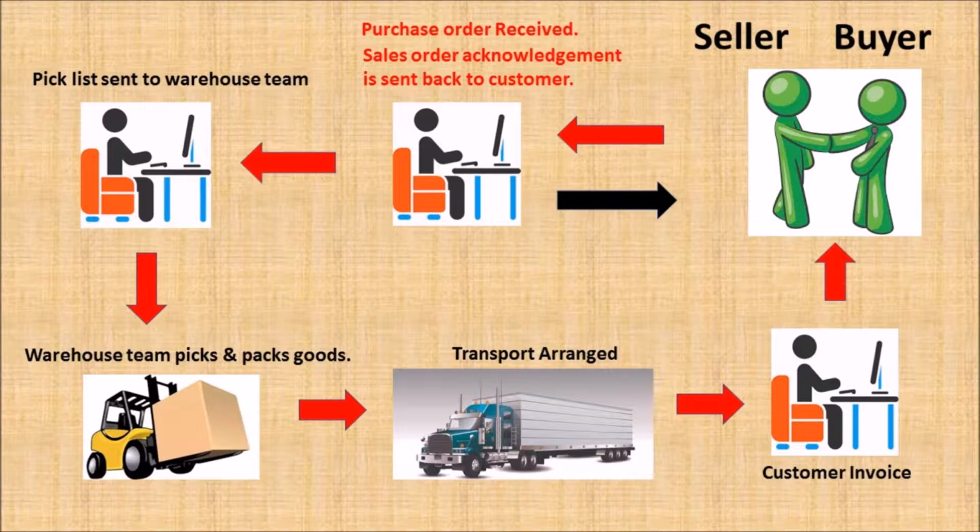So in the last video I went over the basic buyer and seller relationship, and the logistics side of things and how it would operate in a perfect world when all the stock is available.